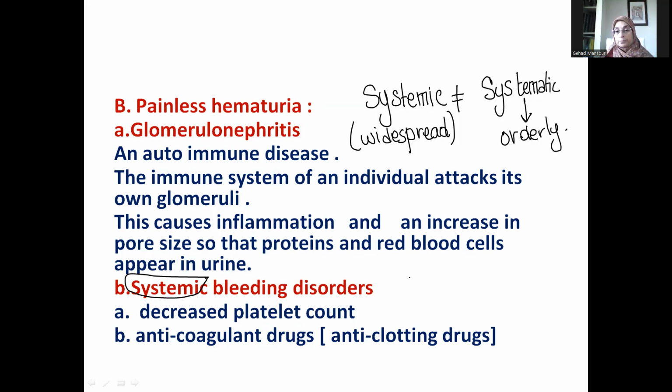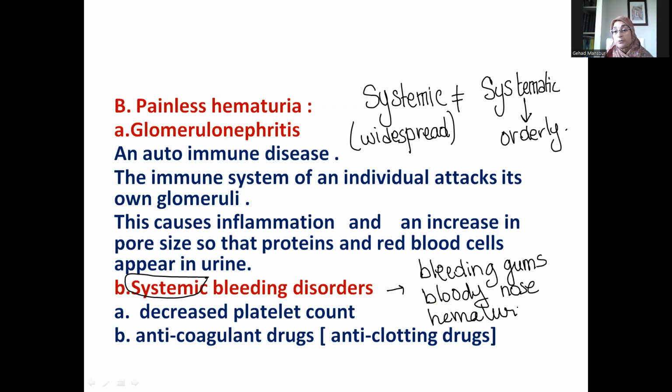For example, in systemic bleeding disorders, I can ask you about examples of bleeding that is systemic. So if the patient suffers, for example, from bleeding gums, if the patient suffers at the same time of bloody nose or blood coming out of the nose, which we call epistaxis, if the patient suffers at the same time from hematuria, so all body orifices or openings are giving out blood.